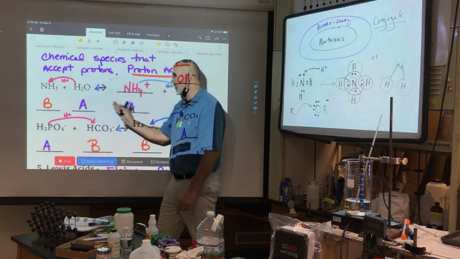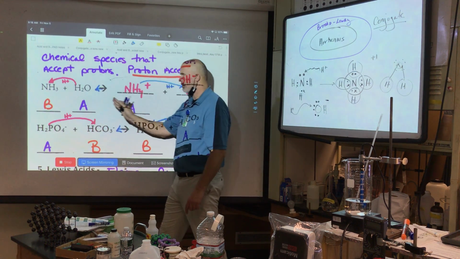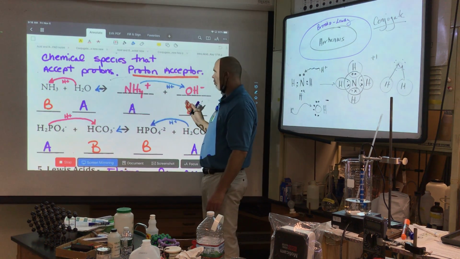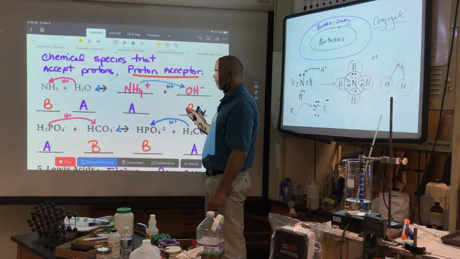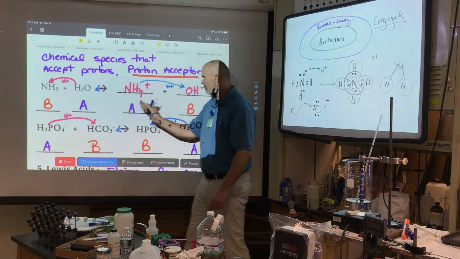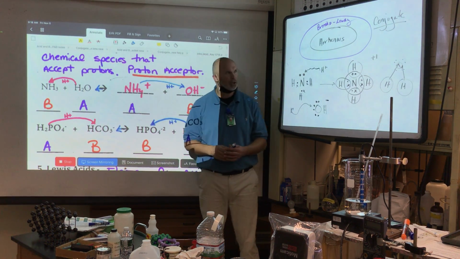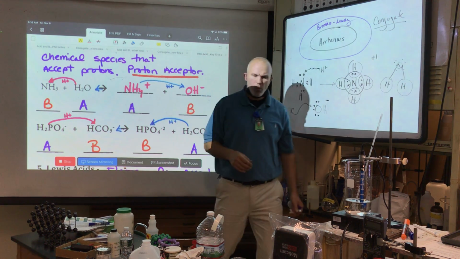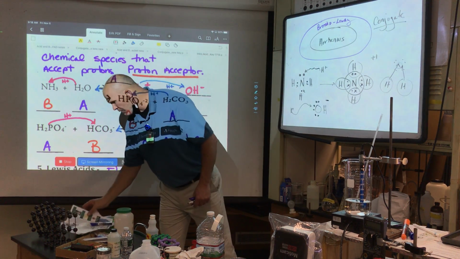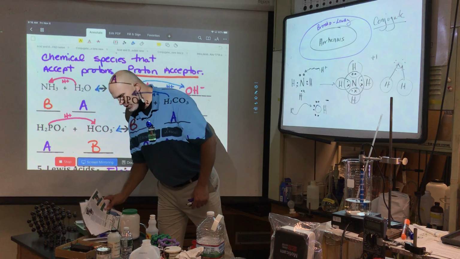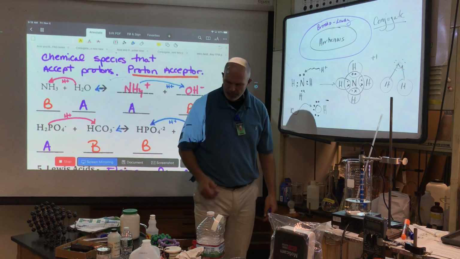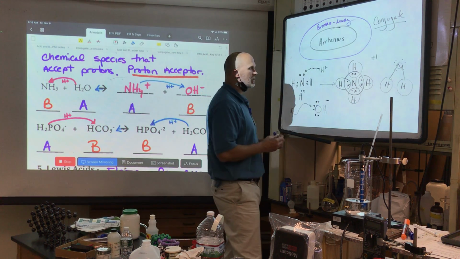NH3. These are conjugate acid-base pairs. Look at water. This is the acid, this is the conjugate base. When I say conjugate base, I mean what's left over after it donates an H+. It's the remainder. So think of conjugate as what's left over.